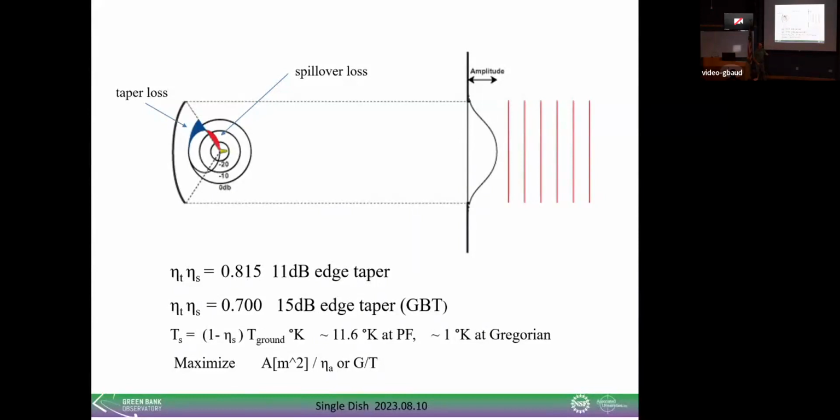There's a curve of taper versus maximum aperture efficiency over system temperature, and that maximum is around 15 dB. So most of our feeds have about 15 dB of taper to maximize aperture efficiency over system temperature. But some of the feeds don't quite have that optimum because, due to the size, we had to make compromises and can't really get the 15 dB taper, but we shoot for that as best we can.